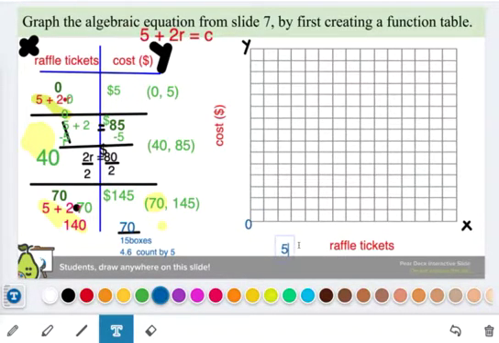So the next number is 5, then 10, then 15, counting by 5, not by 10. 15 raffle tickets. 20 is next. 25. Then 30.